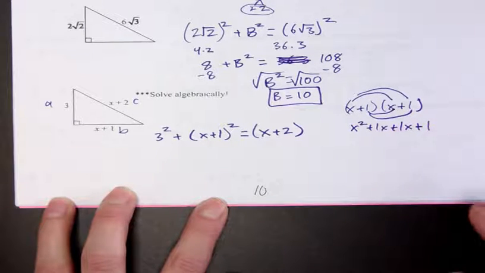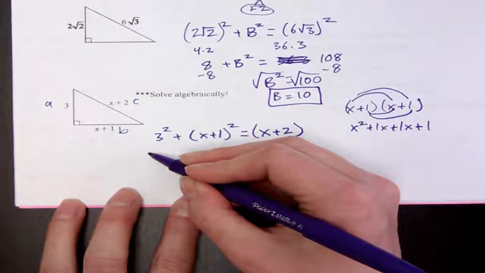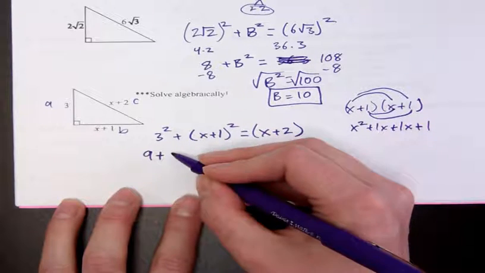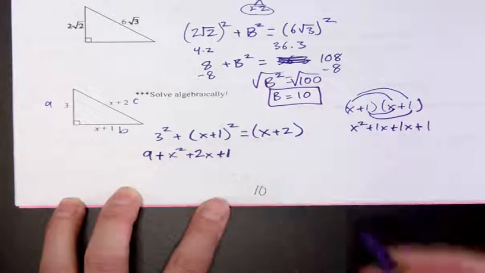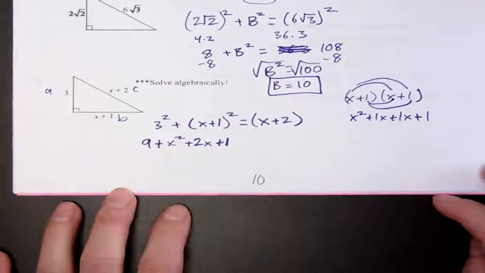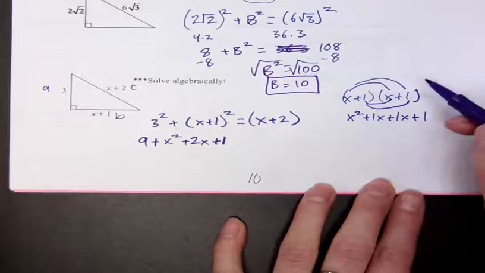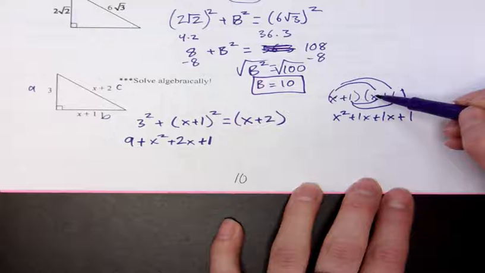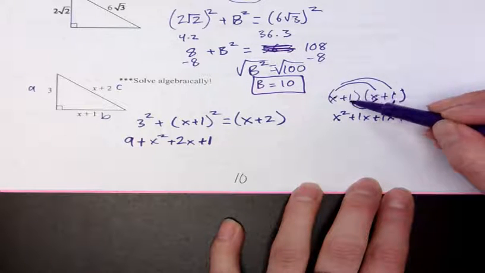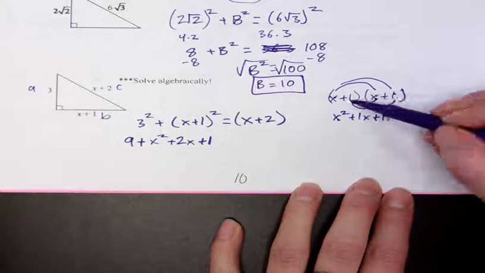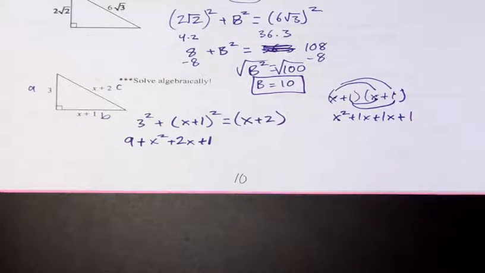We don't just have x squared plus 1. We have all terms. Are y'all with me on that step? Take a minute and look at it. I just did x times x to get x squared, x times 1, 1 times x, 1 times 1.